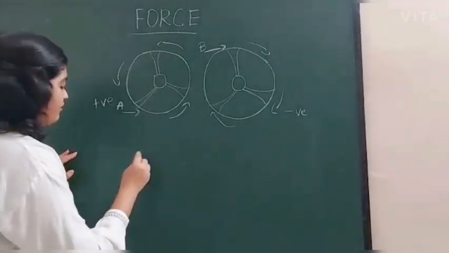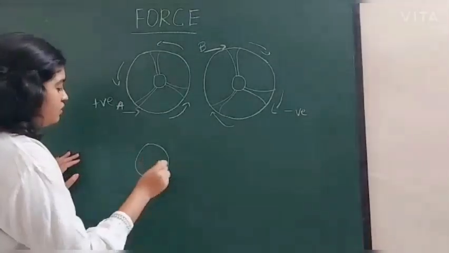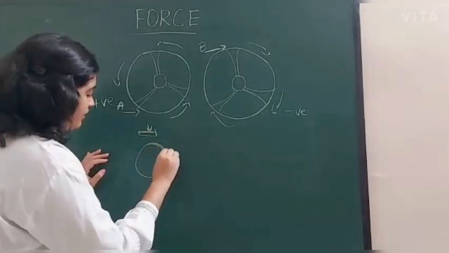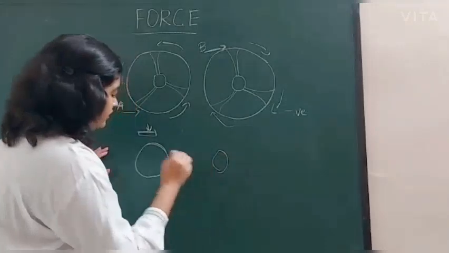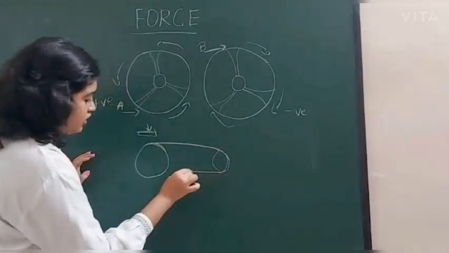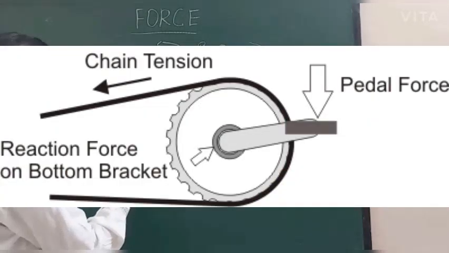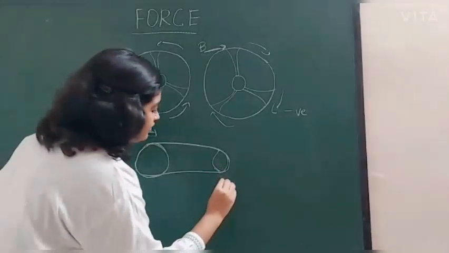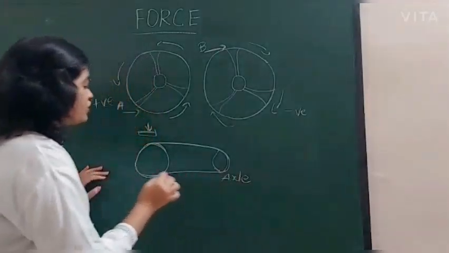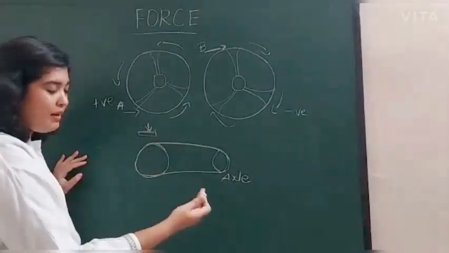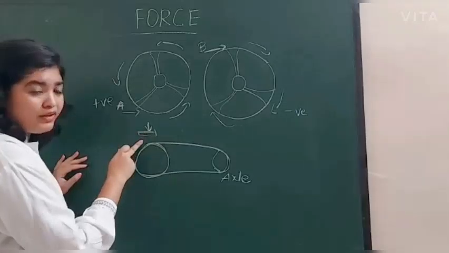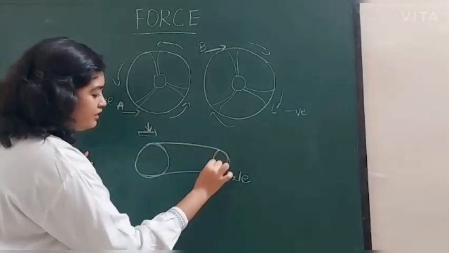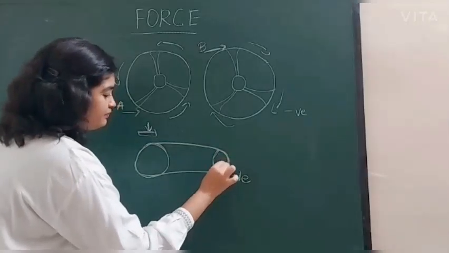And next is the example of a bicycle. Let us take this as the foot pedal, this is the big wheel, this is the axle, and this is the chain. When we apply pressure on the foot pedal, the force is transmitted through the chain and then reaches the axle.